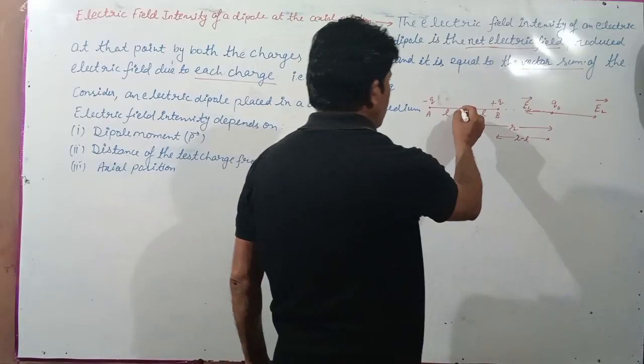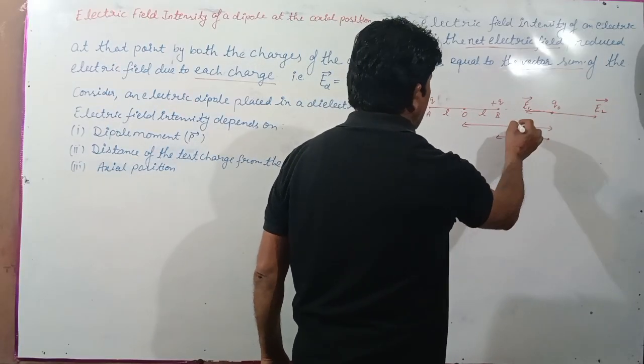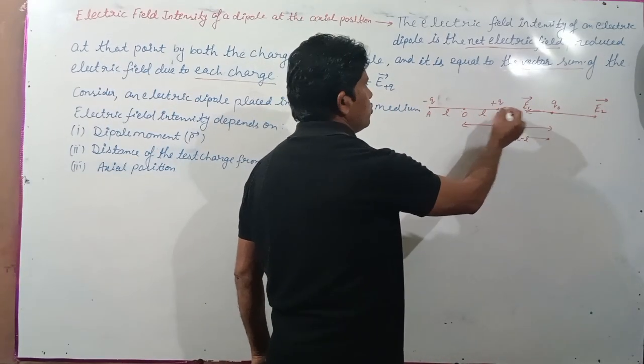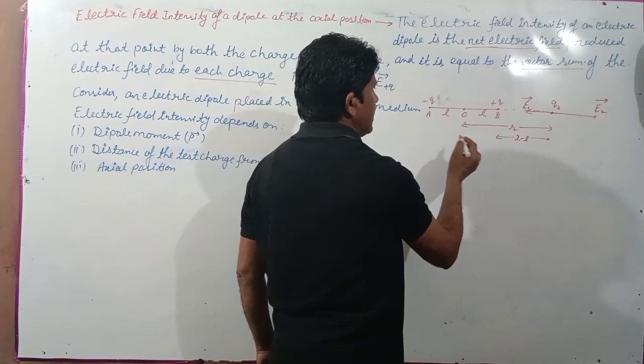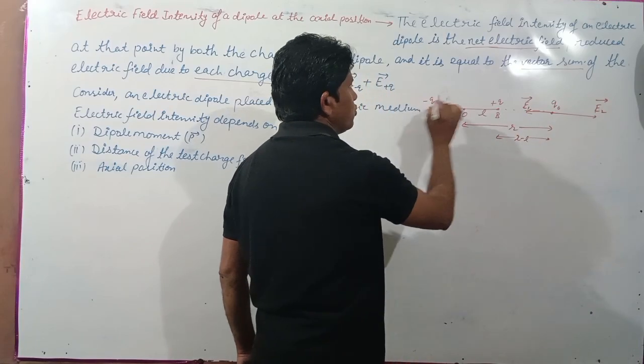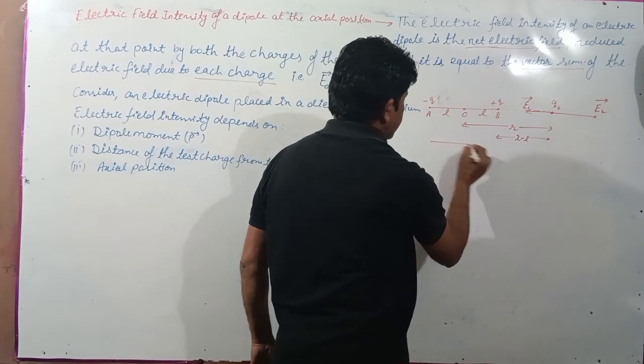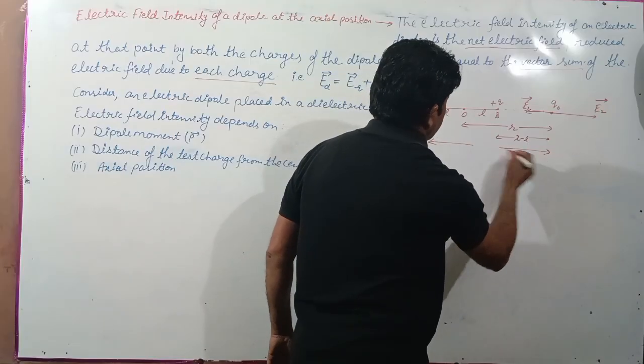So the distance from O to Q naught is r, but the distance from plus Q to Q naught is r minus l, and the distance from minus Q to Q naught will be r plus l.